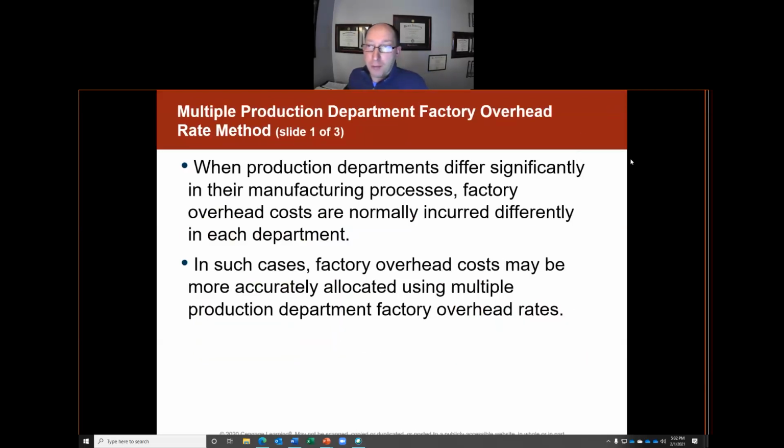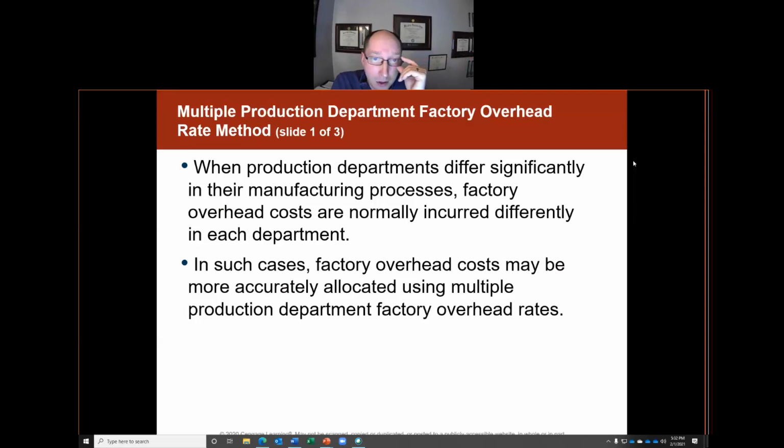Okay, let's jump into the multiple department method. When production departments are significantly different in the manufacturing process, the factory overhead costs are normally incurred differently for each department. For example, if we have a company that manufactures lawnmowers and snowmobiles, we know those two things are significantly different.